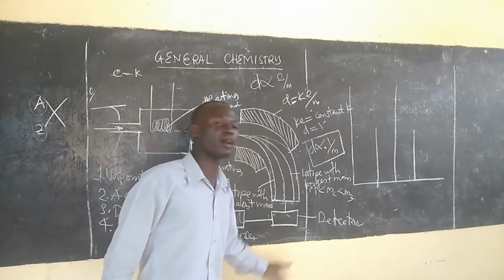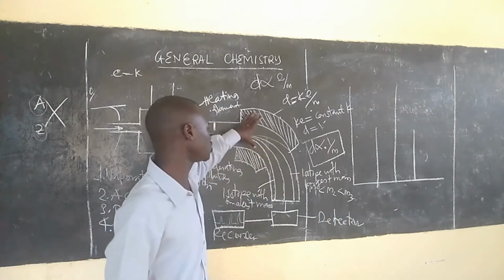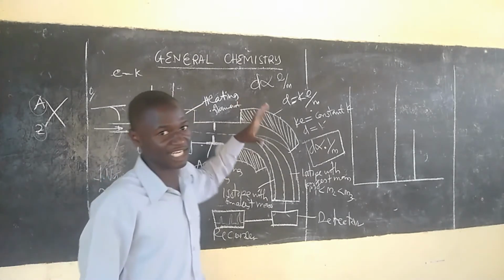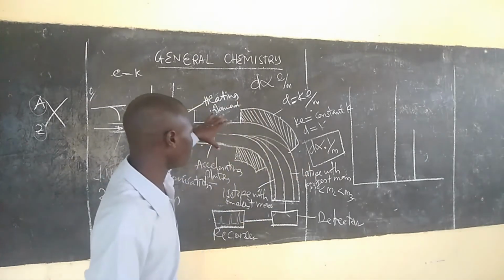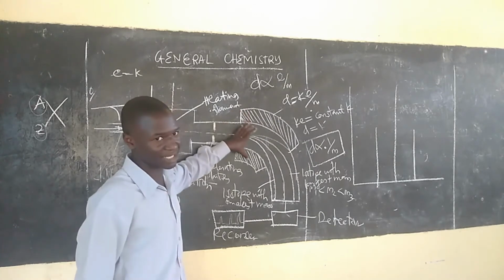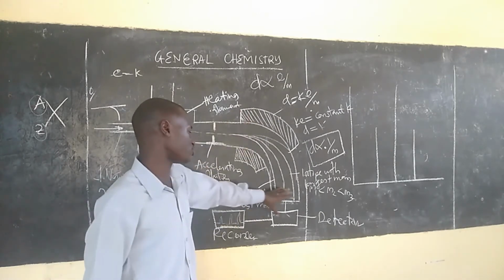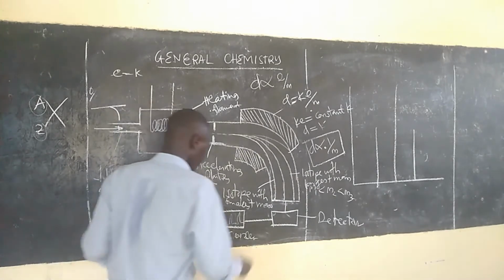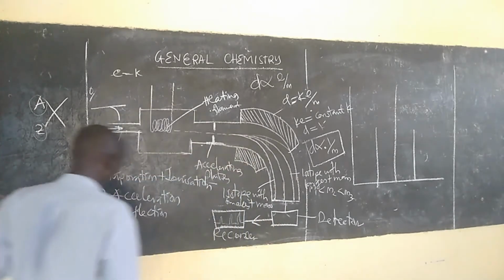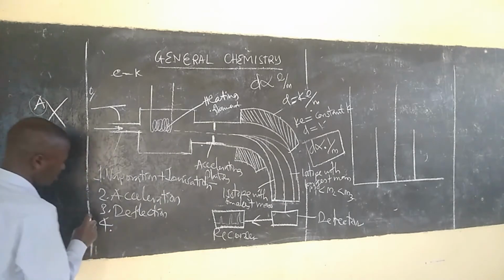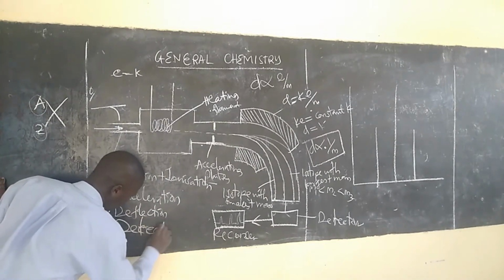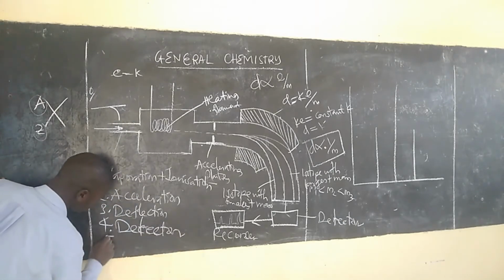So tunafanya variation ya magnetic field ili kwamba tuna adjust magnetic field ili kwamba isotope zote ziweze kugusa detector. So zikigusa detector, from the detector information itaenda hapo kwenye recorder. So number 4 is detector, and number 5 is recorder.